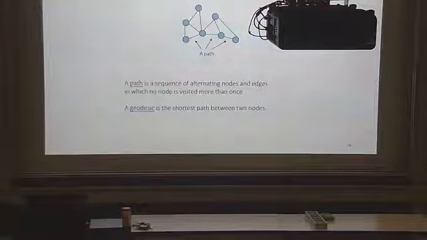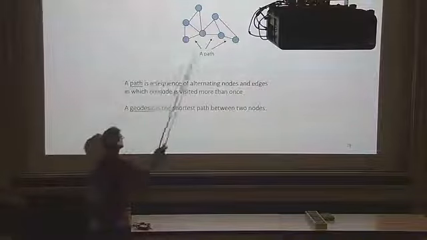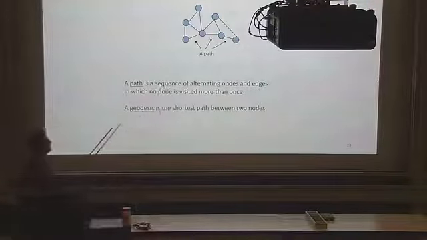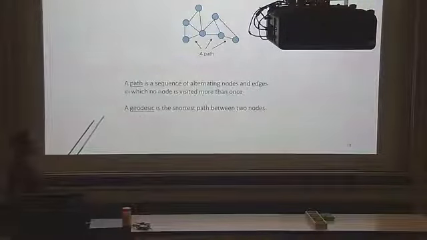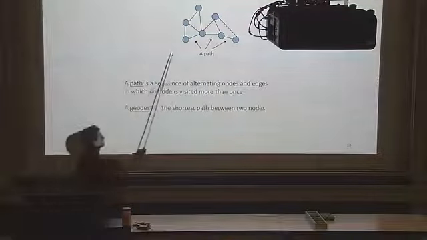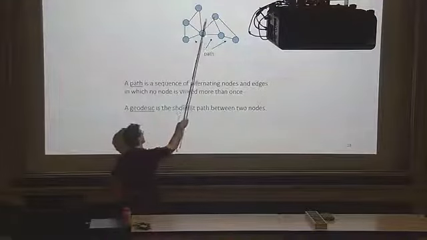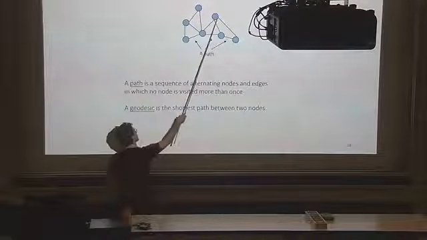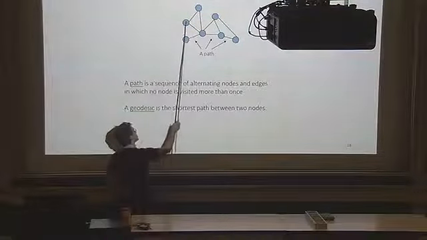We can define paths on a graph. A path is a set of edges that connect two nodes. There are different paths that connect different nodes. For example, from this node you can go to the other node with this path, or you can take another path.